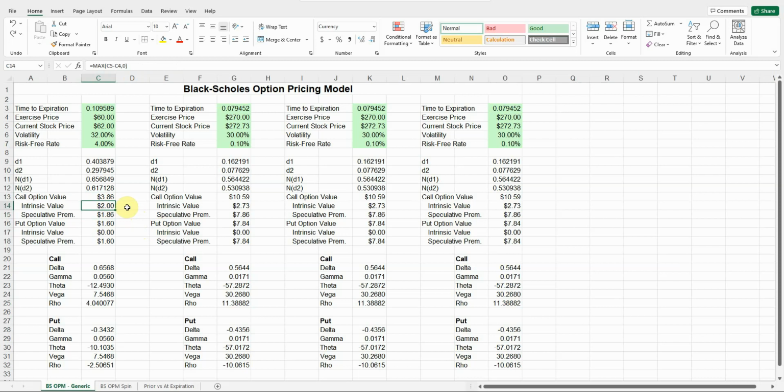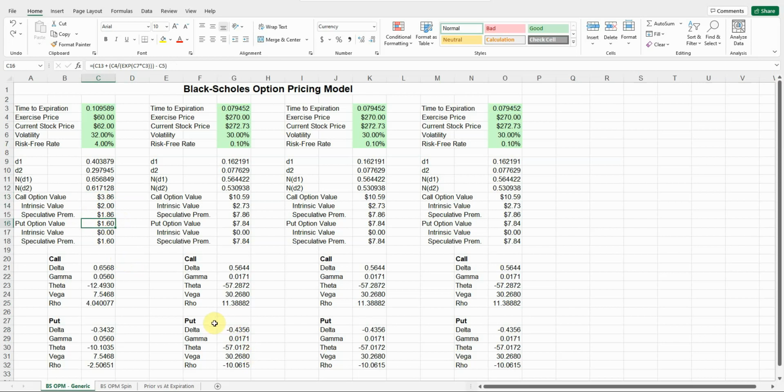No, because if you wanted out of this position, you could either exercise it right now for $2, or you could sell it on the open market for $3.86. I don't know about you guys, but I'd much rather have $3.86 than $2. Therefore, I am not going to exercise my option. If I decide I want out of this position, I'm going to sell it and take the $3.86.